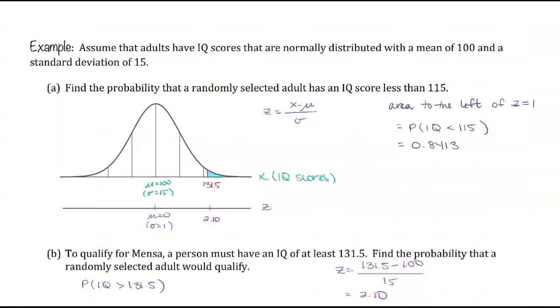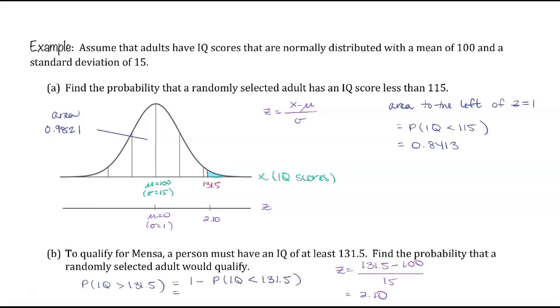That is, this area to the left is 0.9821, but that's not the area we're looking for. We want the area to the right. The probability of having an IQ score greater than 131.5 is equal to 1 minus the probability of having an IQ score less than 131.5, which is what we just found with this corresponding area.